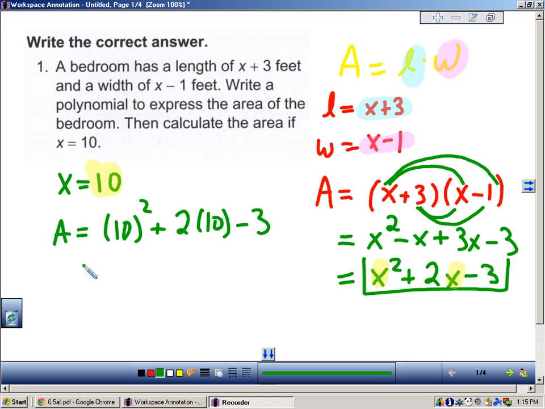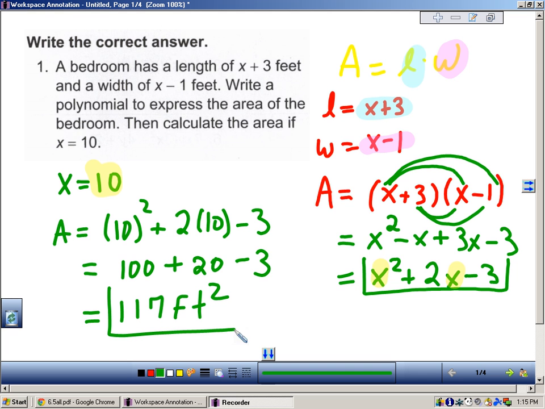So 100 plus 20 minus 3, and 17 square feet. Yeah, it could equal good. Next question.